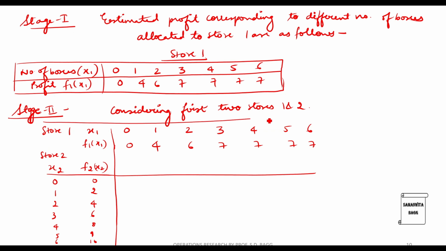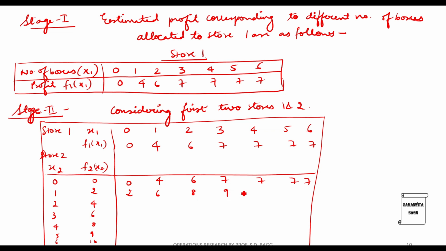Now I'm going to add the values. So this is 0 plus 0, and 0 is added to all the profit values. So this is 0, 4, 6, 7, 7, 7, 7. For the next one, this value is 1, so I can add maximum up to 5. So this will be 2 added to each value. Then I'll add 4 to the values up to 4 itself.